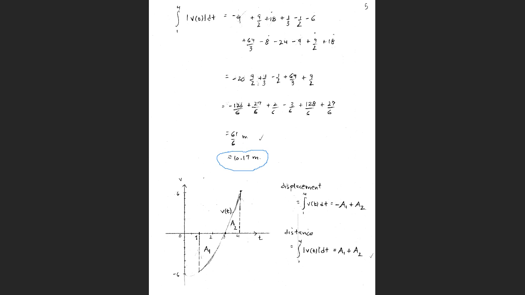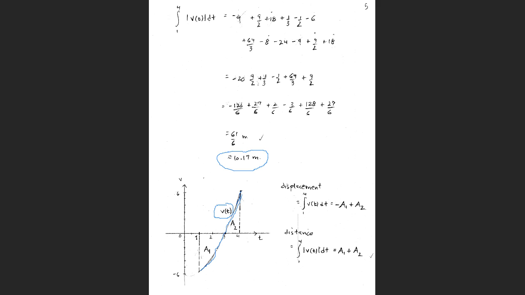And what I've done here is I've drawn a picture of the velocity function, which was t squared minus t minus 6. I'm giving you a pictorial representation of what the displacement is.